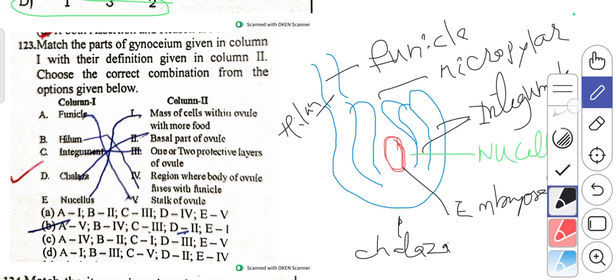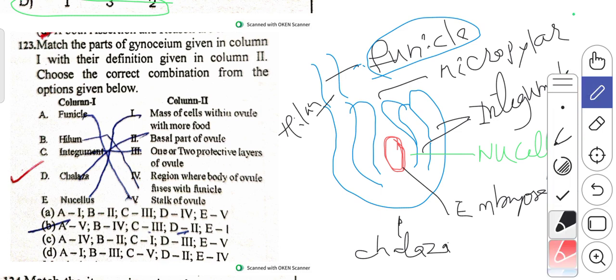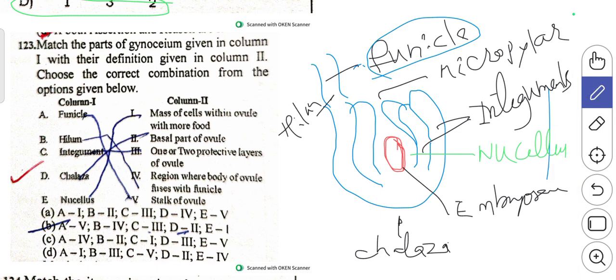So just answer the given question based on the diagram we drew here. The first one, funicle. This funicle which is given here, it is the stalk of the ovule.